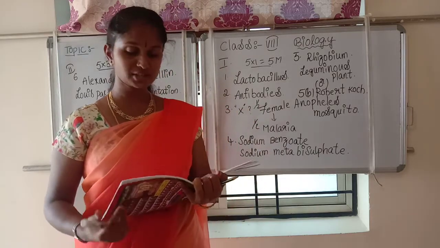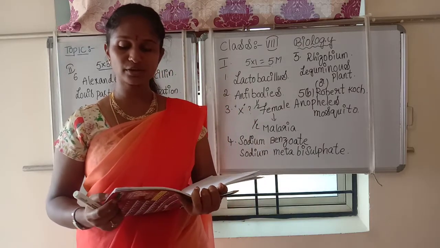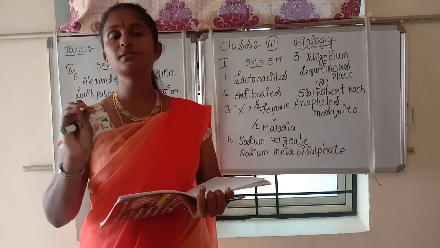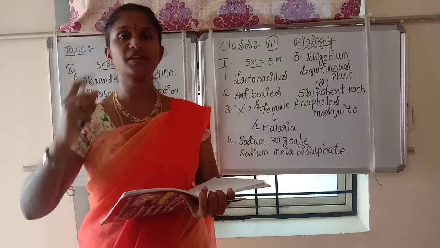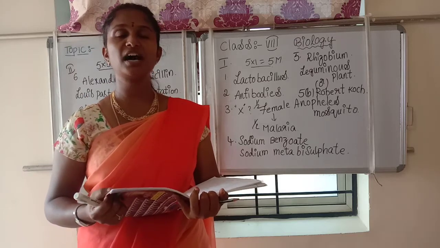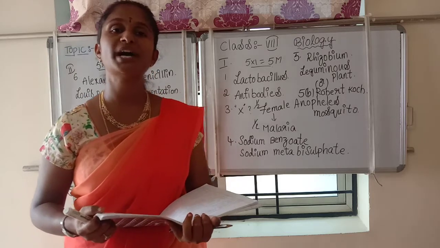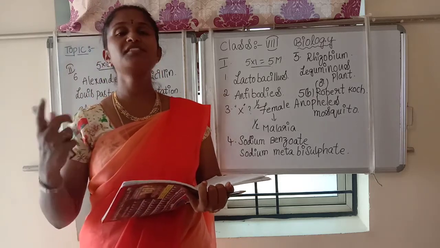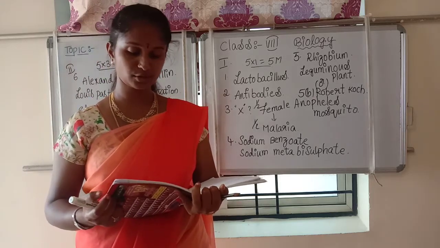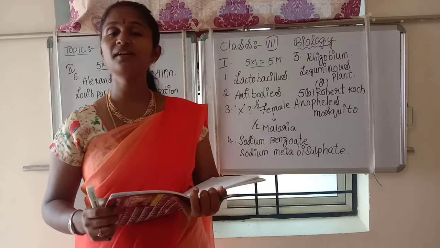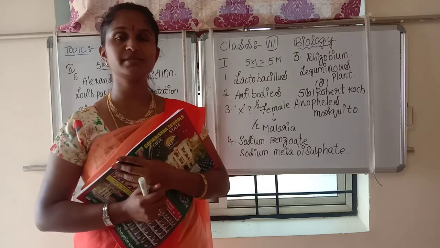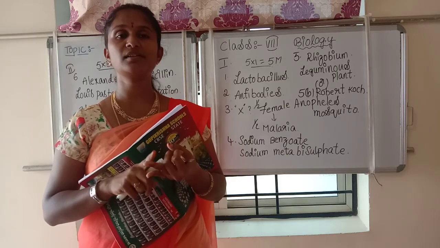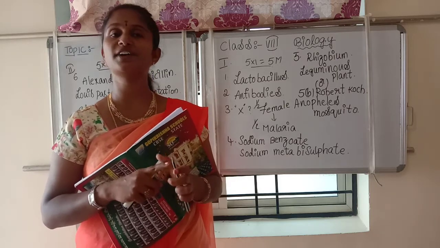Or you may write this question also. What is microorganism? Micro means small. The organisms which cannot be seen with our naked eyes are called microorganisms. And explain the 5 major types of microorganisms neatly with the help of diagrams. You should explain the 5 types: bacteria, algae, protozoa, fungi, virus.